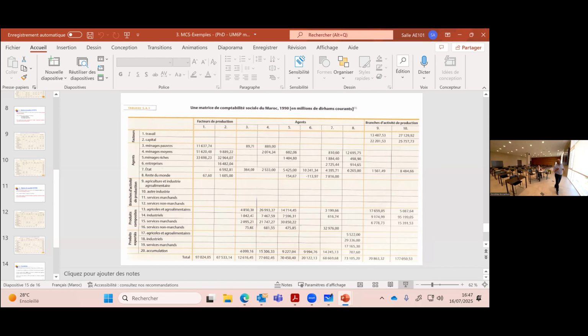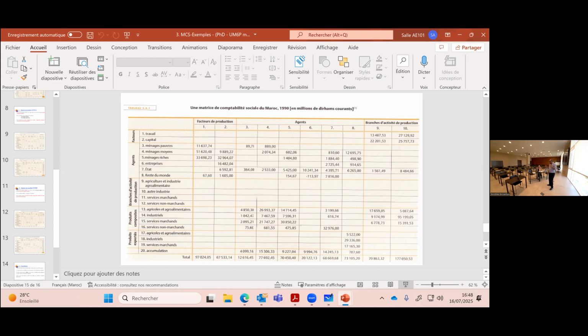Just to give you what a SAM means, a matrice de comptabilité sociale. What is a SAM? Just to give you a definition, you just have to listen, please. A SAM is an accounting table. It's a matrix, it's a table. It's an accounting table. What do we have in this table? We have the flow for a year or a period.